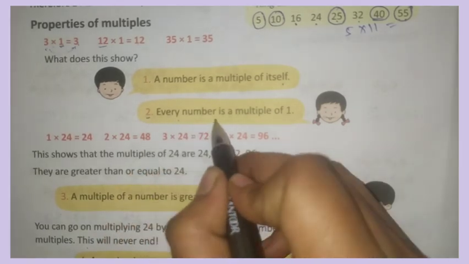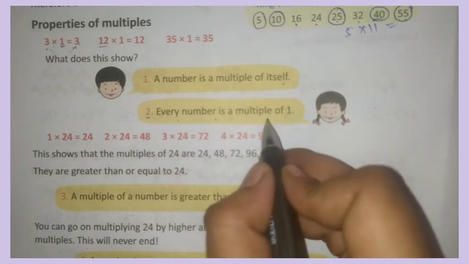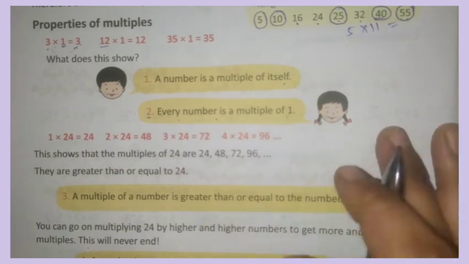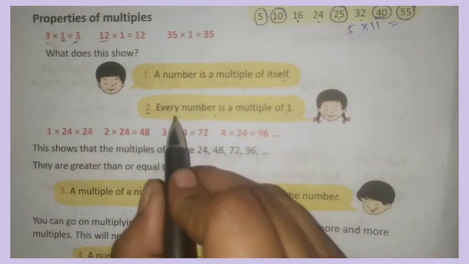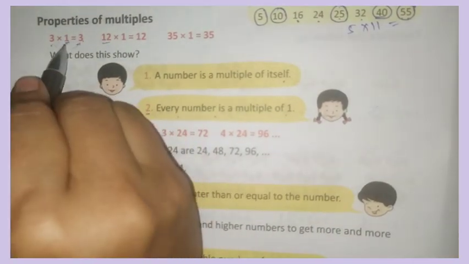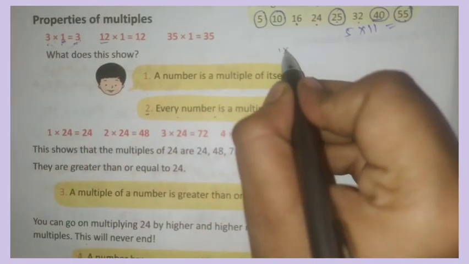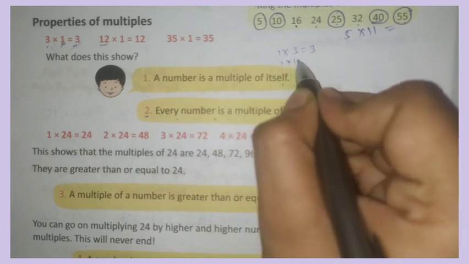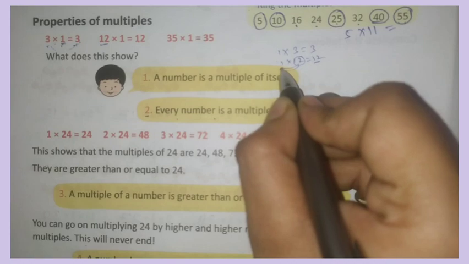Every number is a multiple of 1, which means we will get all numbers in the 1 table. 1 3 is 3.